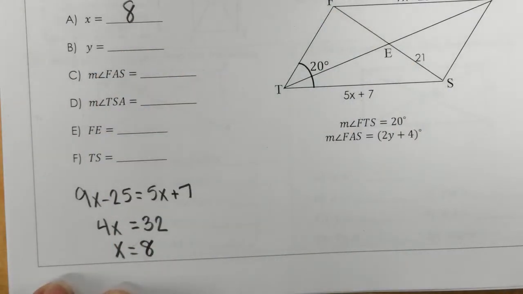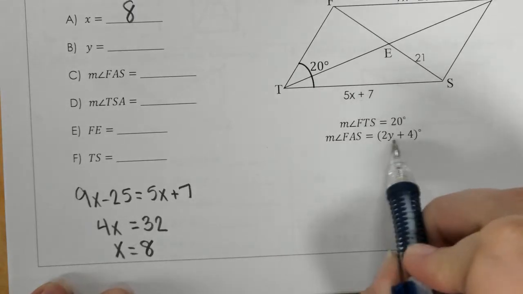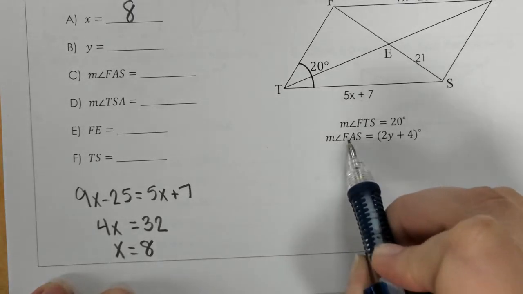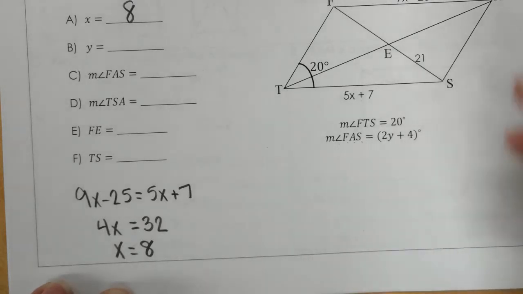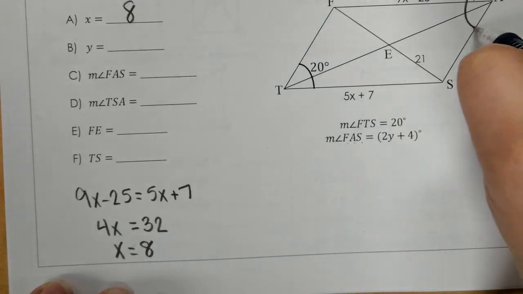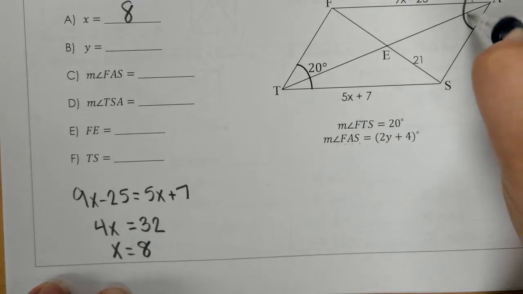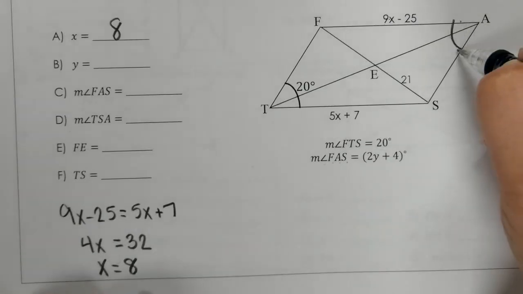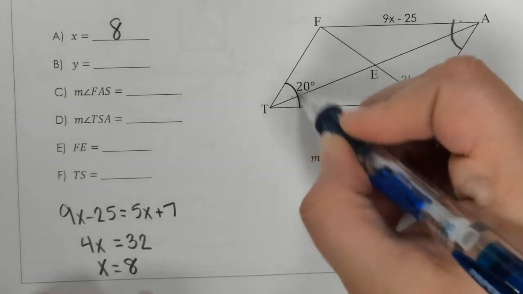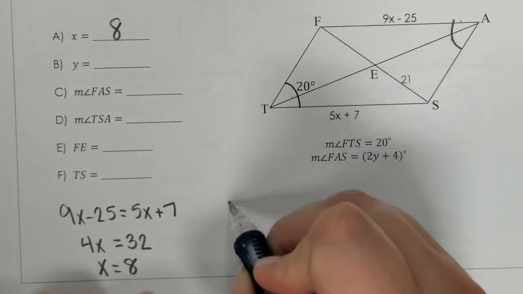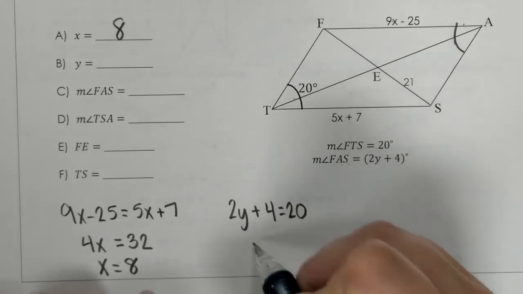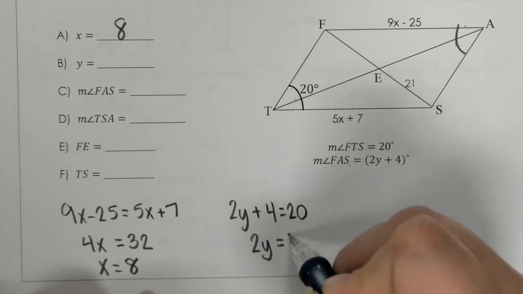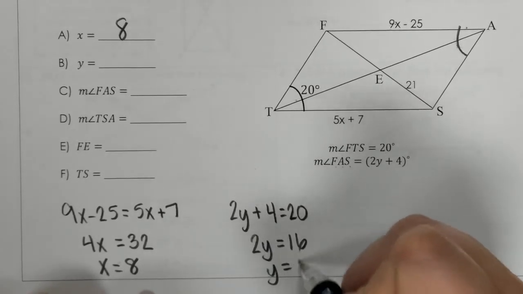For Y, I'm given down here that the measure of angle FAS is 2Y plus 4. So FAS, that's this entire angle up here, and that is going to be equal to this angle here, 20. So I'm going to say 2y plus 4 equals 20. So y is 8.